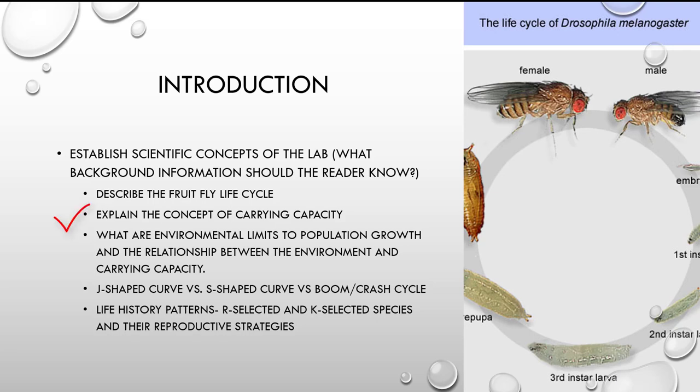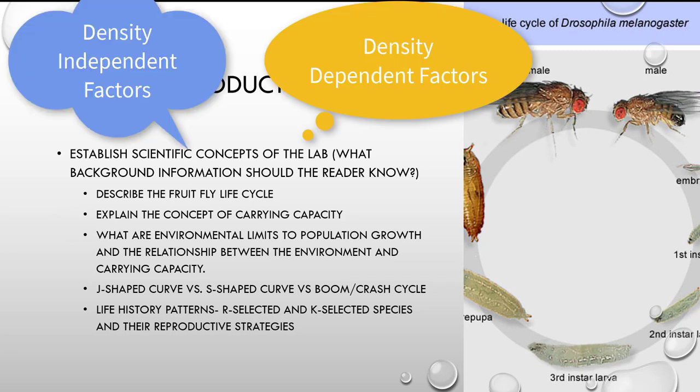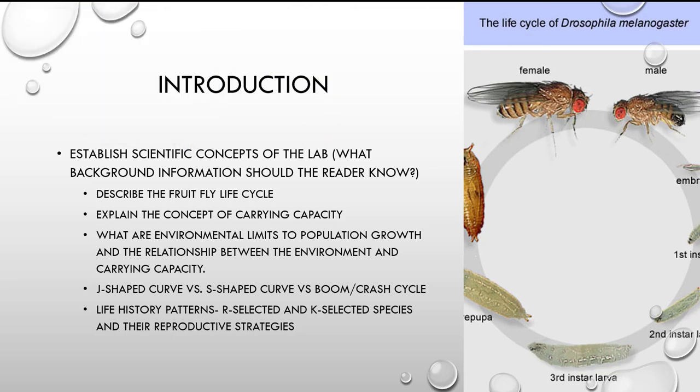Think of those density dependent factors and density independent factors that can limit population growth, preventing it from going over its carrying capacity, and that relationship between the environment and the carrying capacity. You'll also want to talk about those growth curves: what type of growth exhibits a J-shaped curve versus an S-shaped curve versus the boom and crash cycle.